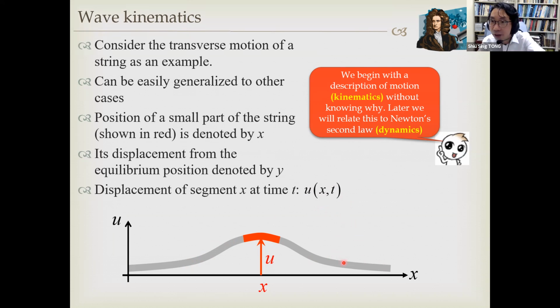You can look at the wave at this particular position at different times. You can also look at different parts of the wave at the same time T. So they can be chosen independently. They are not depending on each other. X and T are independent variables now.